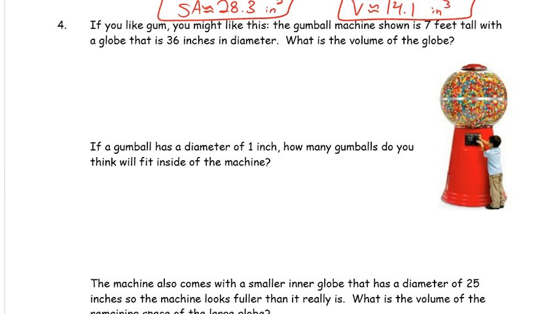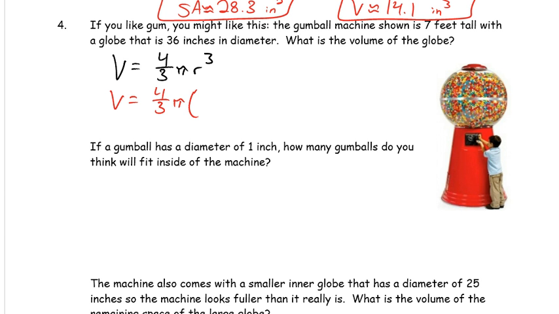The gumball machine shown is 7 feet tall with a globe that is 36 inches in diameter. What is the volume of the globe? Okay, so I don't really care about the height of this. That's extra information. All I want to figure out is the volume of the globe first. So volume of the globe is going to be 4/3 pi r cubed, or volume equals 4/3 pi.